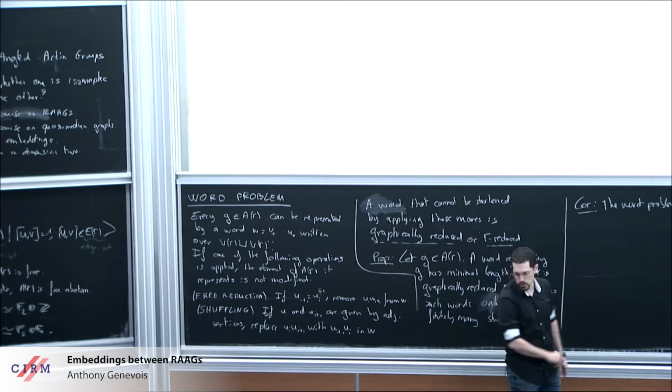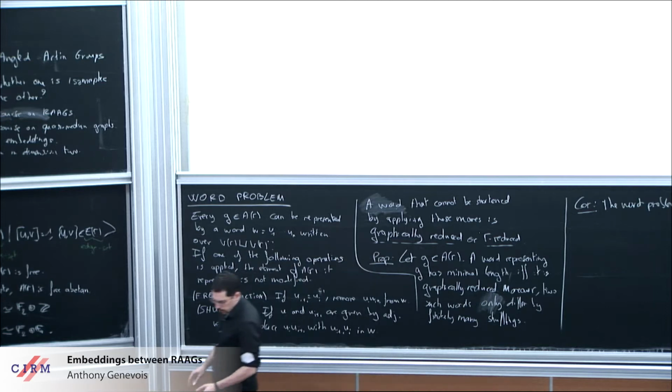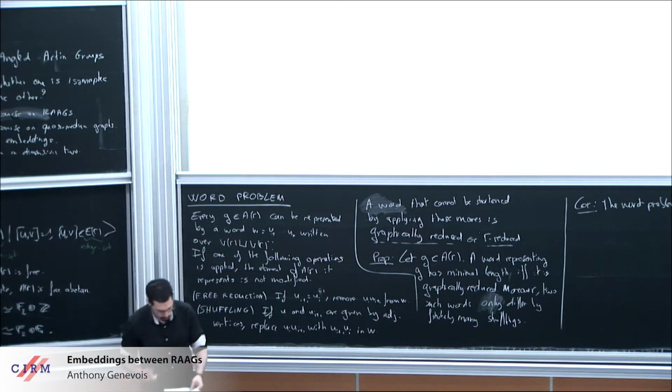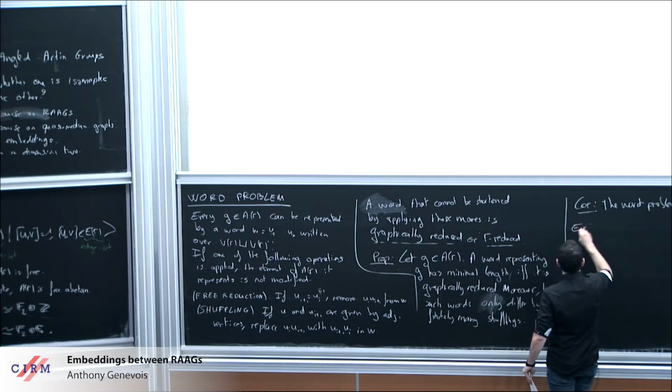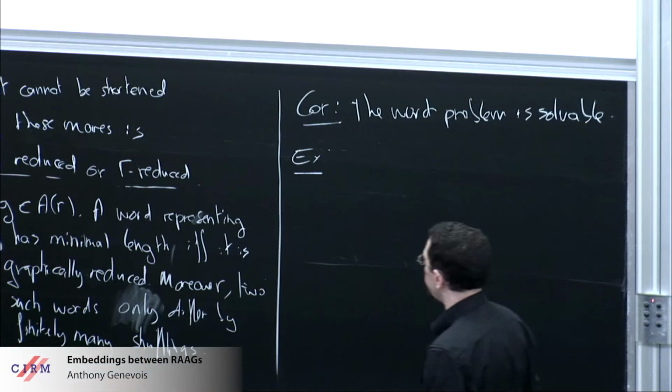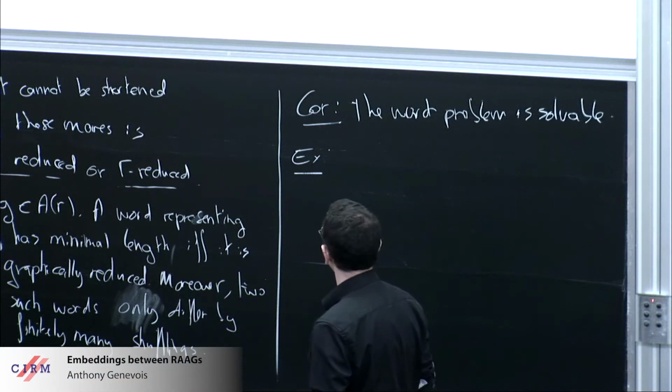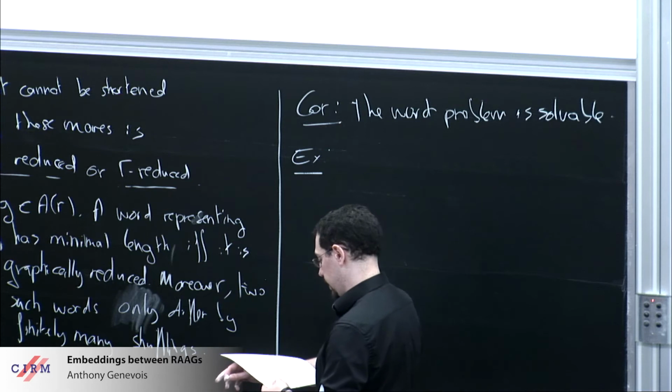So you can solve the word problem in a simple way. Okay, so the word problem is solvable, but it's not the only consequence. Or maybe one example. You see that it's not just some weird algorithm that you can apply by using some heavy computer. It's just something you can do by hand on small examples.